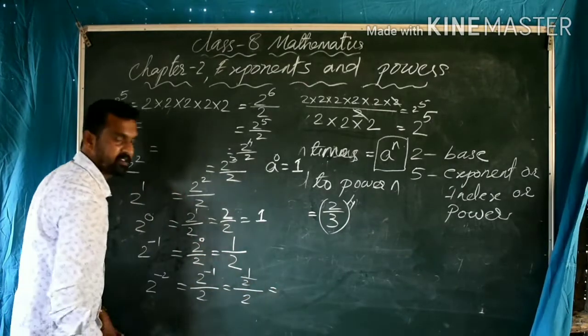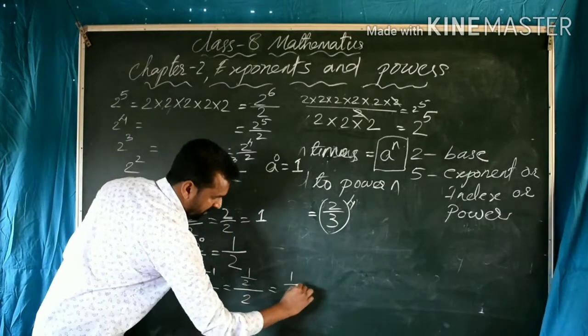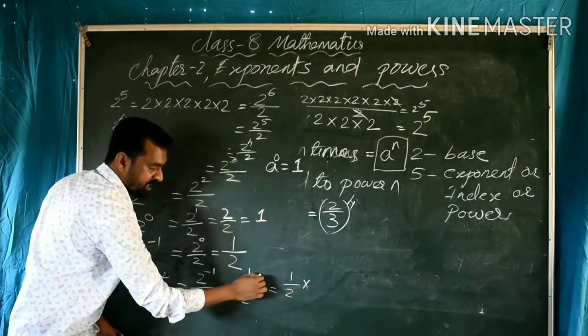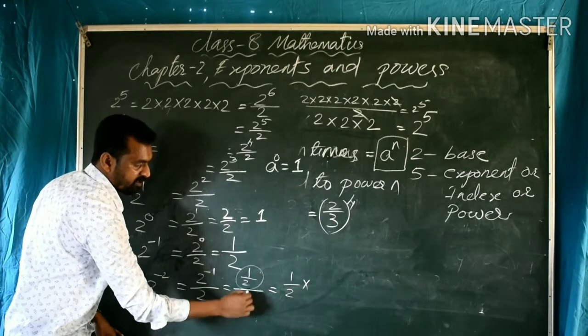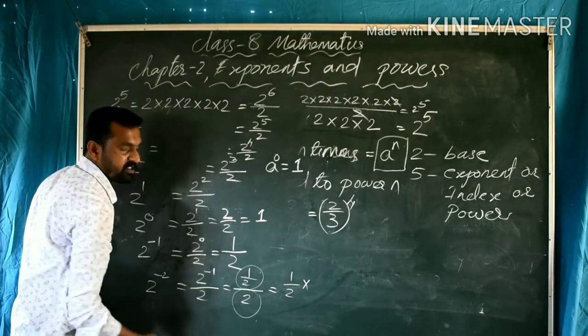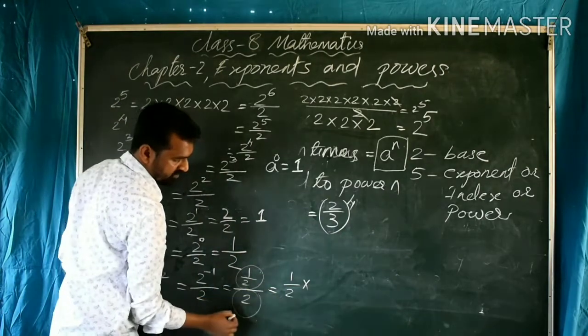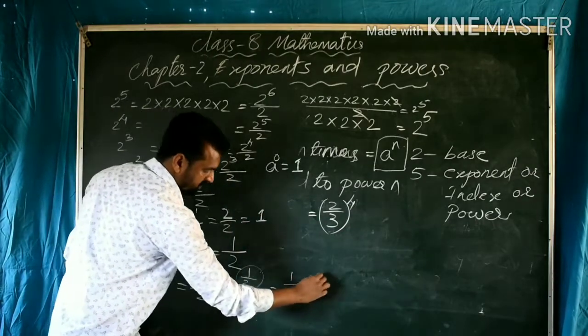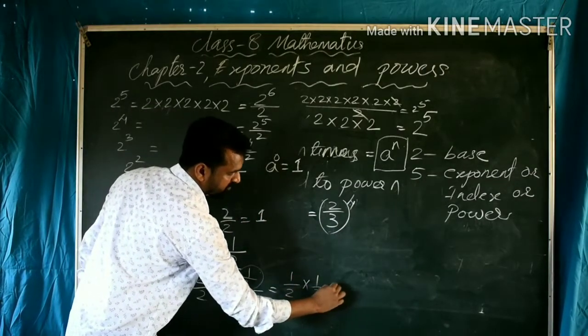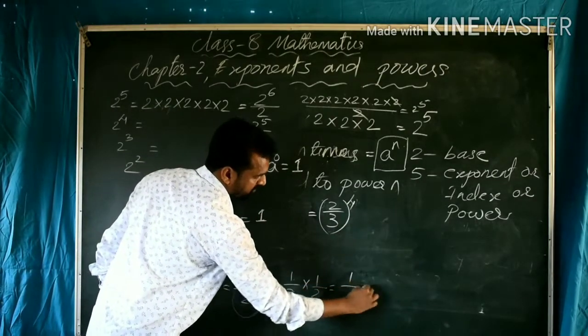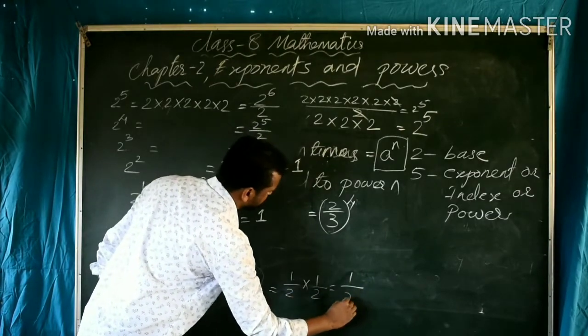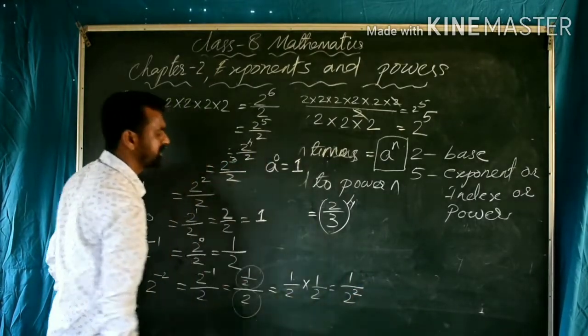When dividing rational numbers, it will come numerator into the reciprocal of the denominator, that is 1 by 2 into the reciprocal of 2, that is 1 divided by 2 into 2, you can write 2 raised to 2.